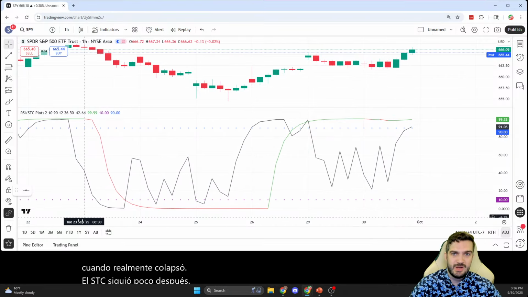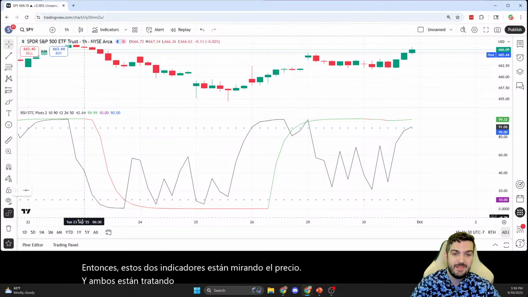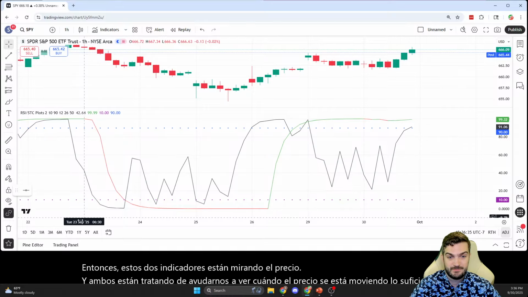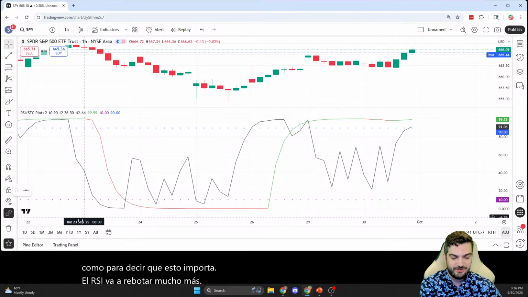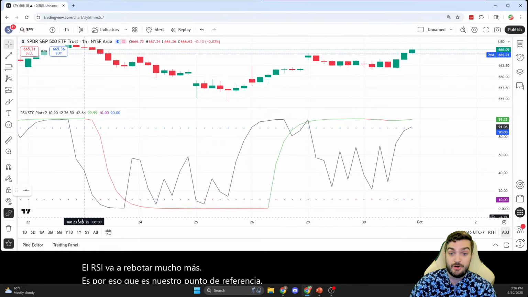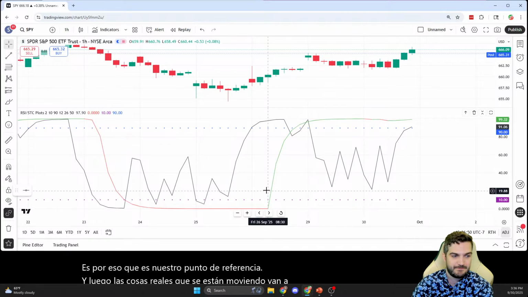So these two indicators are both looking at price, and they're both trying to help us see when the price is moving enough to say this matters. RSI is going to bounce around a lot more, which is why it's our on your mark point. And then the actual sign that things are moving is going to be the STC turning green.